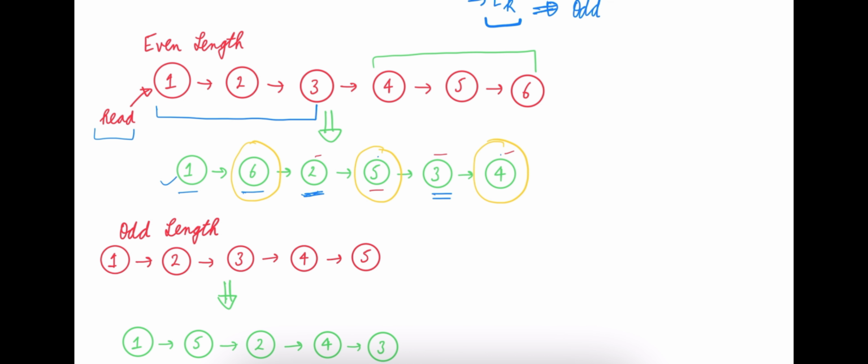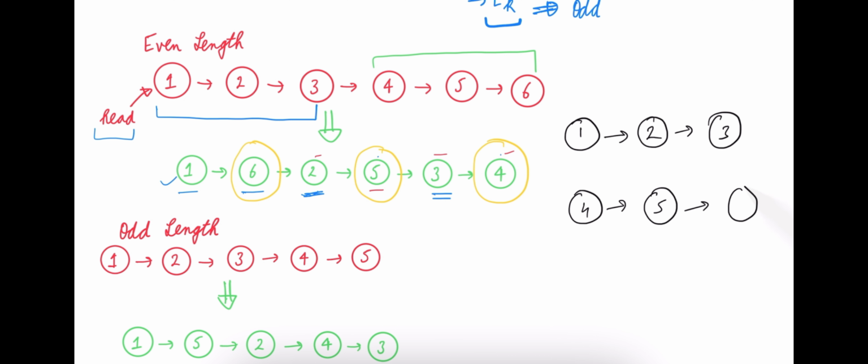And from this pattern, what we can see is the first half of the linked list and the second half of the linked list, they are both merged together. So the first half is node 1, 2, and node 3, and the second half is node 4, 5, and 6, and this second half is in reverse order. So if we reverse this, it would be 6, 5, and 4. And if we now merge the first half and second half together, what are we going to get?